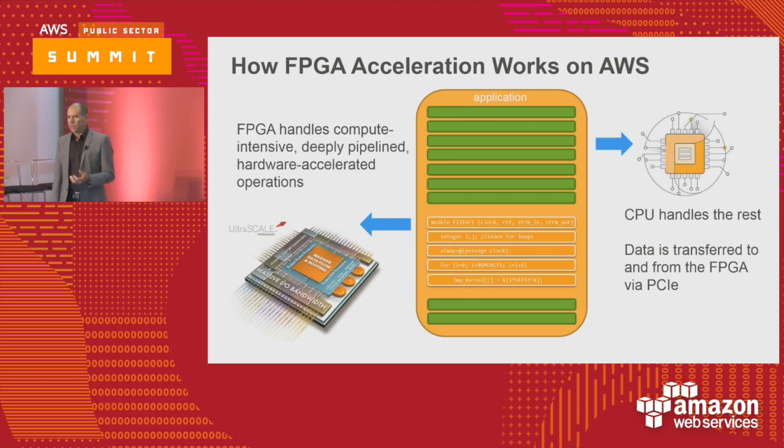This works very, very well if you can manage the data back and forth, if you're not bottlenecked, let's say, by tremendous amounts of I/O. Streaming, for example, video processing, genomics processing, streaming analytics, these are extremely good in FPGAs because they're heavily pipelined.